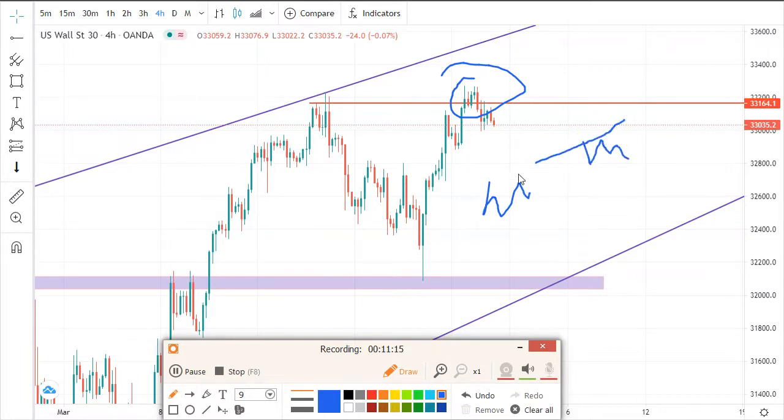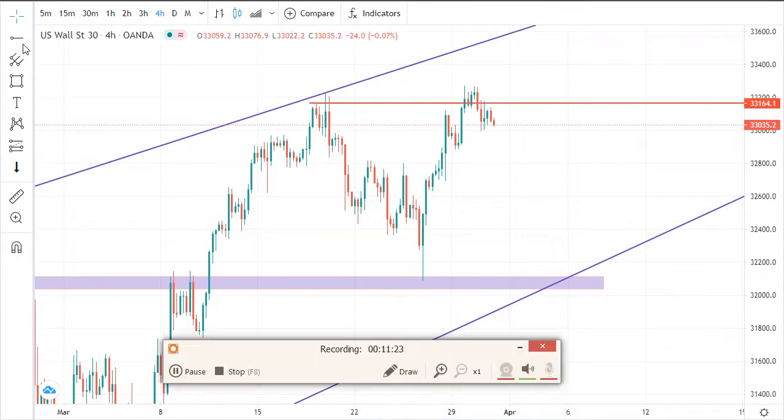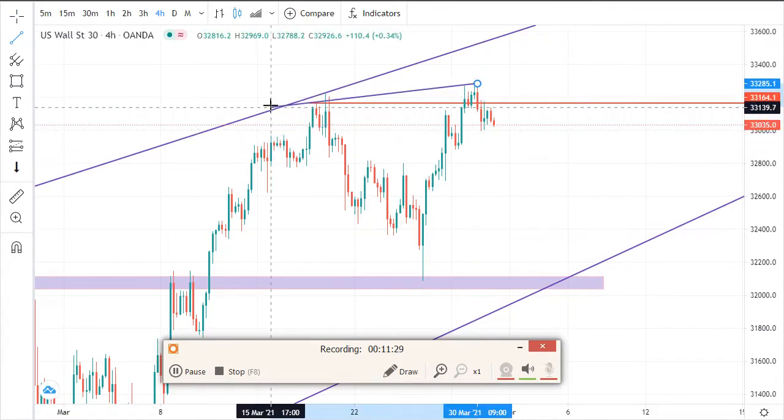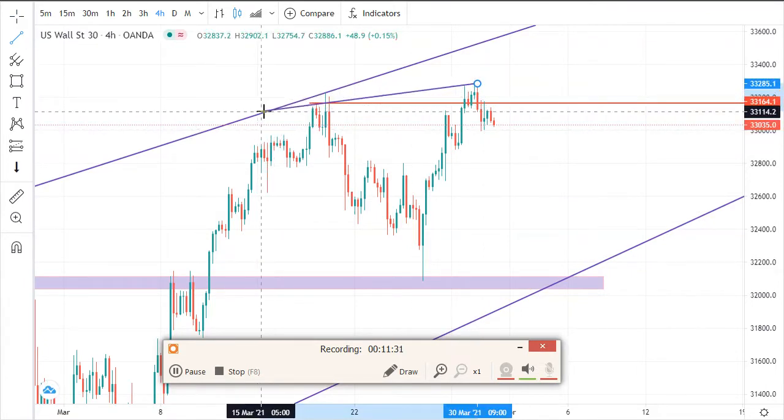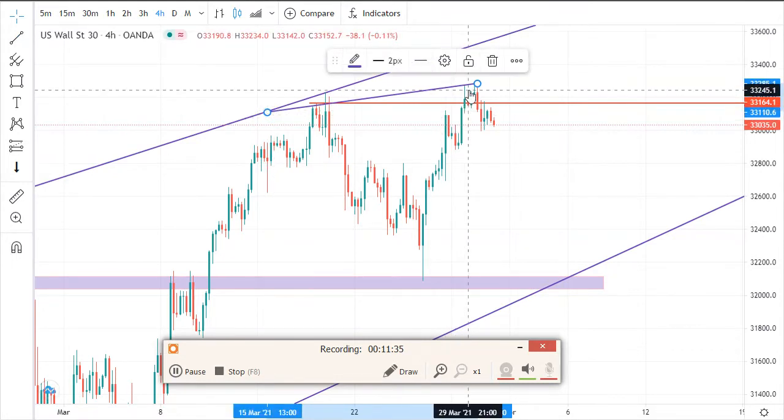Actually we're supposed to draw a line like this, which is this one here. So let me show you what I'm talking about. So we're supposed to have something like this. You can see this is not a straight line, because this line is actually going higher.